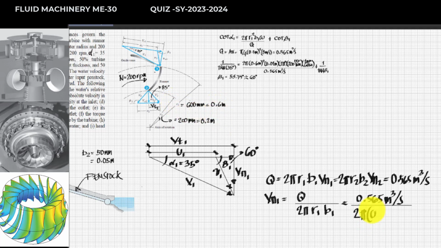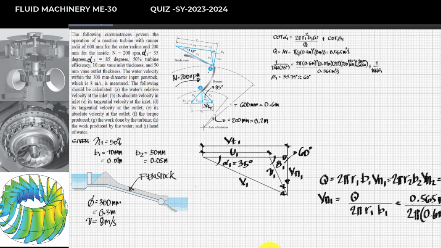So that will be 0.6 in terms of meter. And b sub 1, that is the thickness of the vane. From the given, the thickness b sub 1 is equal to 0.01 in terms of meter.